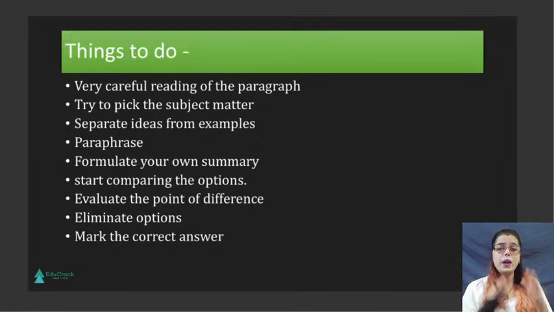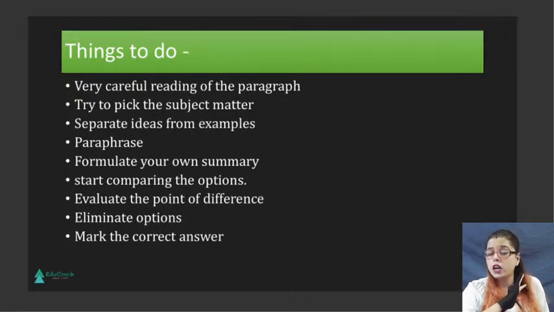Now, how do we approach a parajumble question? What is it that you have to do? The things that you need to do when you look at a parajumble question, right? So first thing is a very careful reading of the paragraph, right? What do you mean by that? It is as simple as it says. Read every word.